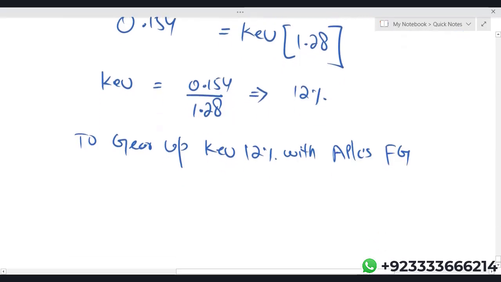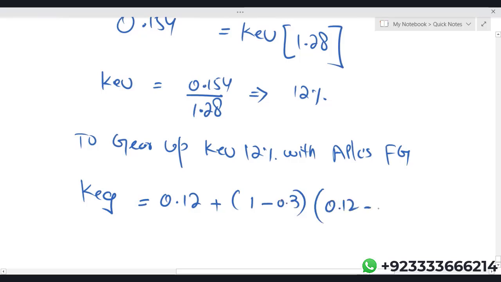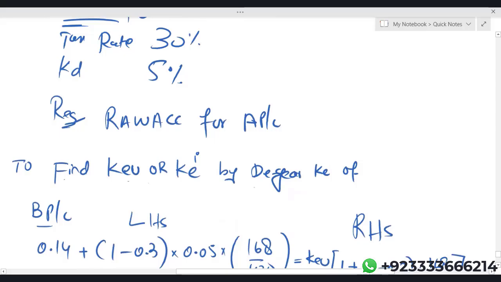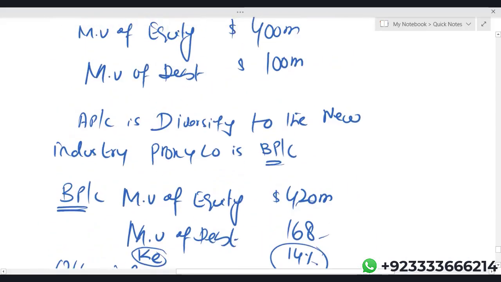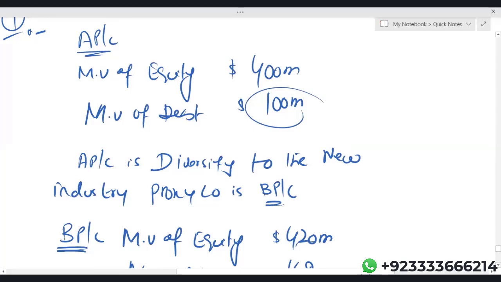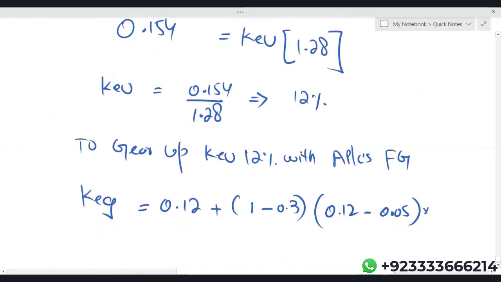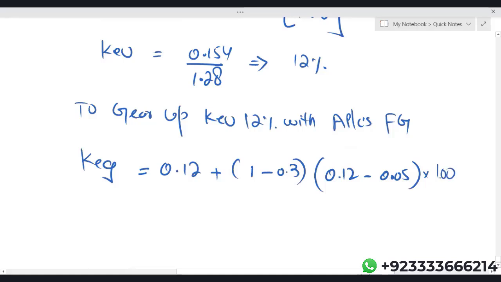So KEG is equal to KU, which is 12%, plus (1 minus tax rate) times (12% minus KD, which is 0.05), into market value of debt of APLC upon equity, which is 100 upon 400.